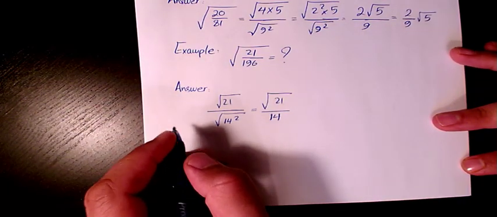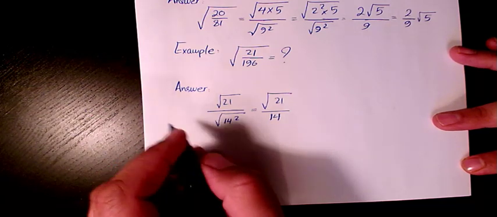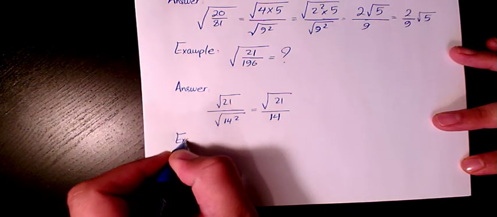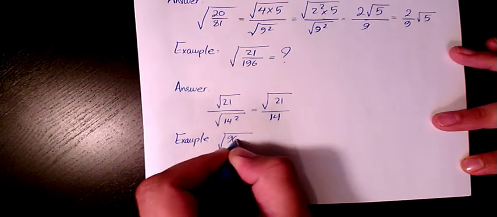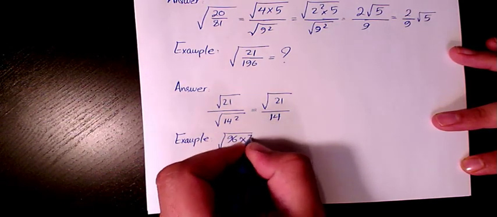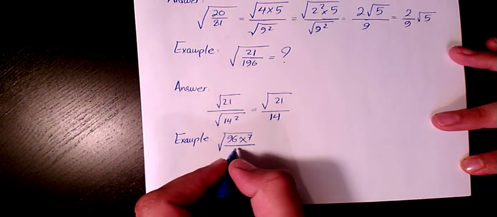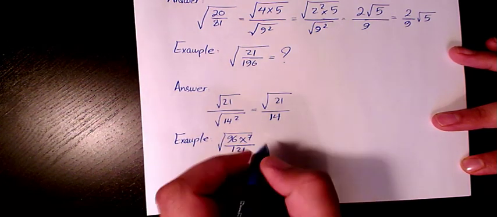Let's try one more example. Square root of 96 x to the power of 7 divided by 121.